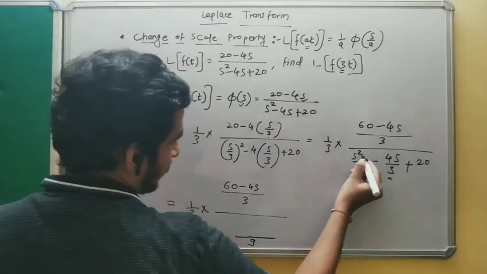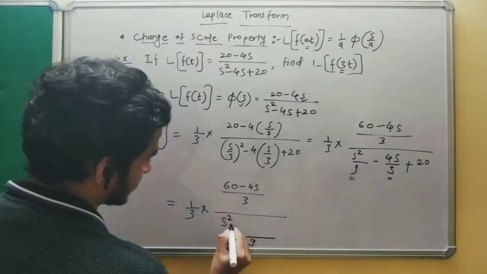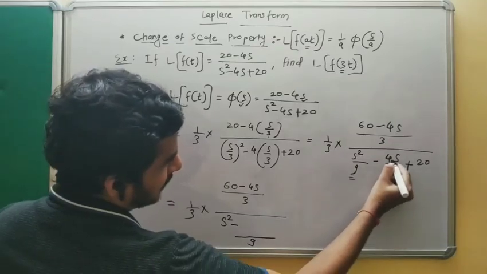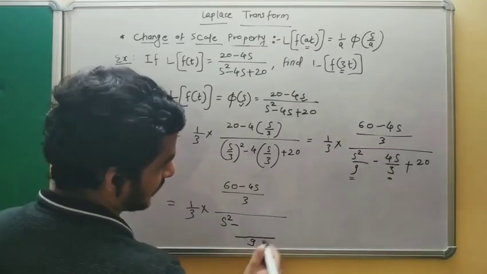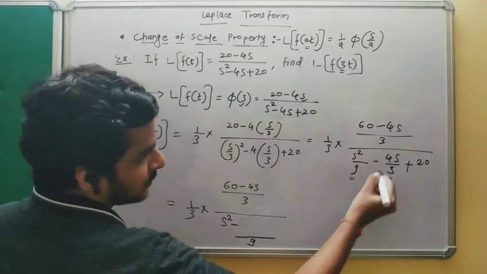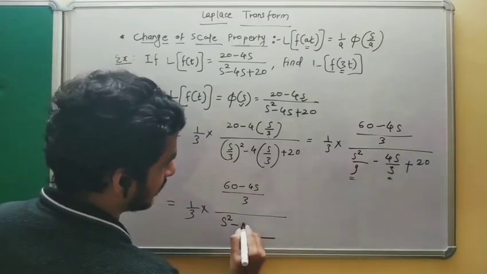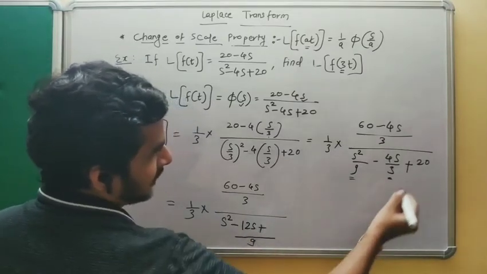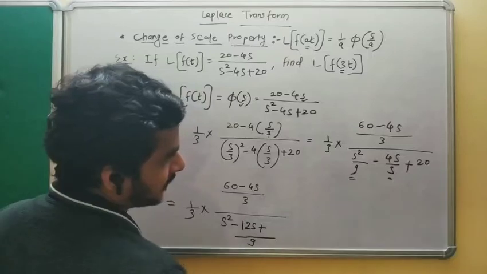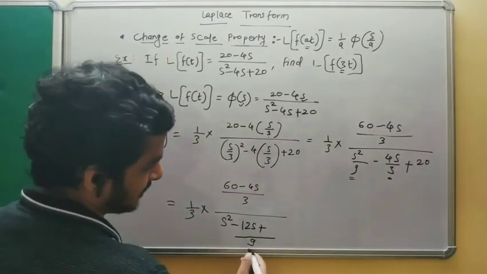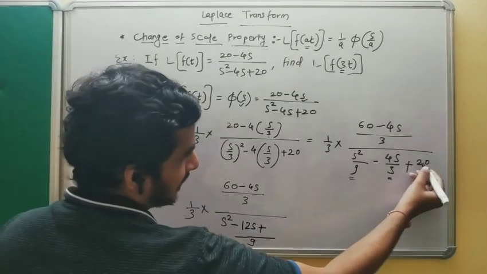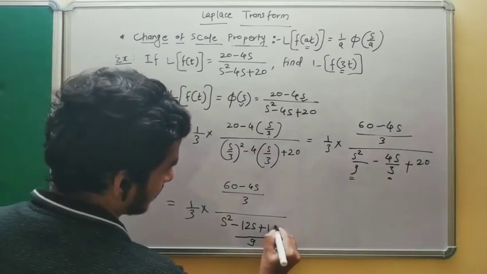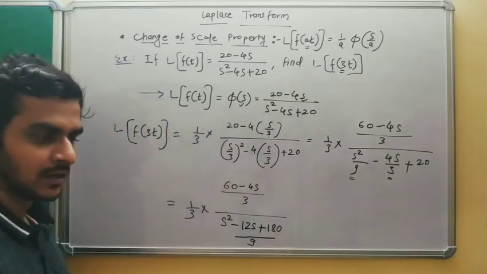So this s square we will write as it is minus, here the denominator is 3, so we have to multiply this 4s by 3 because the LCM is 9. So 4s into 3 will become 12s plus, here there isn't any denominator, so the LCM is 9, so we will multiply this 9 with 20, so this will become 180.